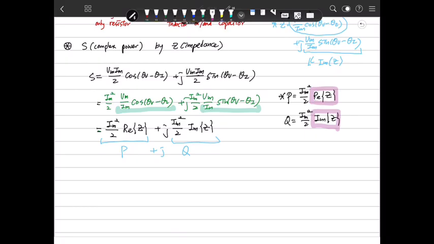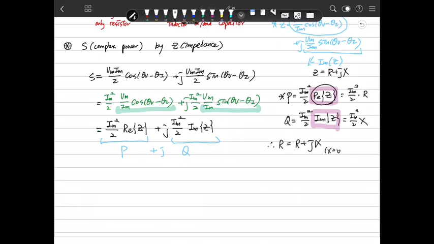So we rewrite: when your Z is R plus jX, this is R and this is X. In the resistor case, Z is R plus jX where X is 0.